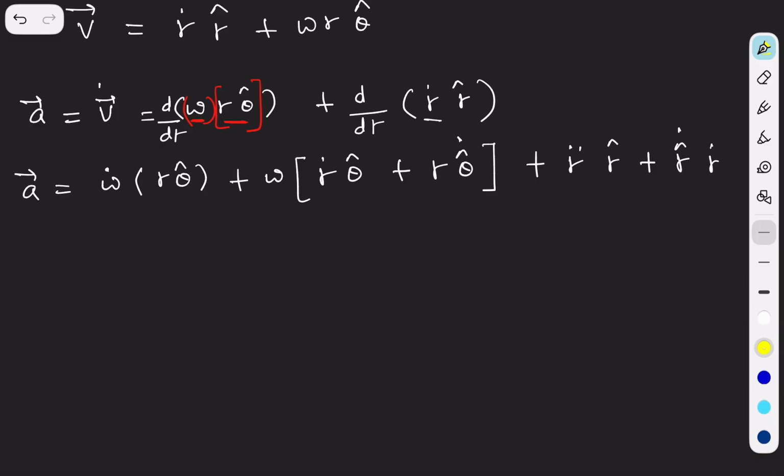So here, what I'm going to do now: the a vector I can write as d omega by dt, that is alpha. You know that, that is alpha.